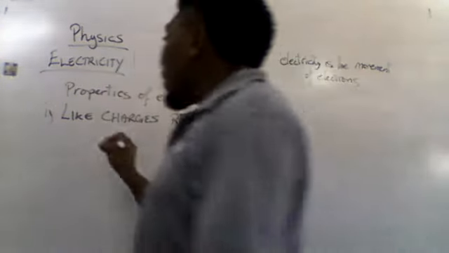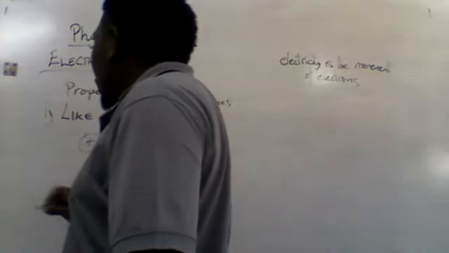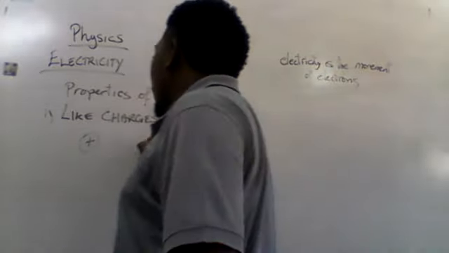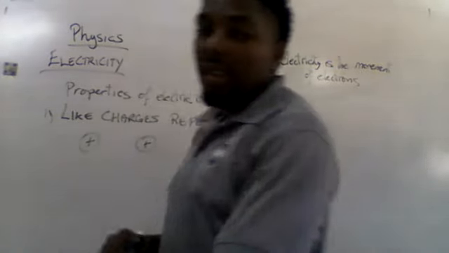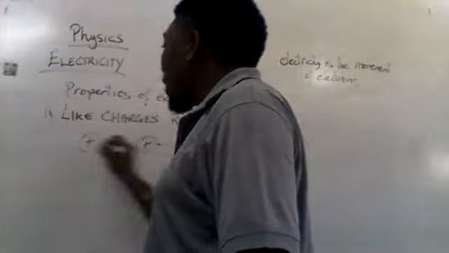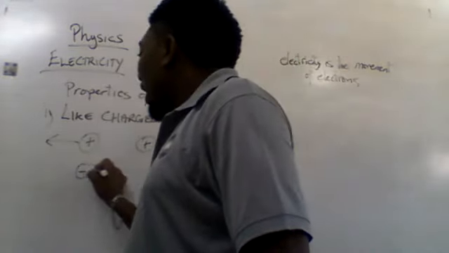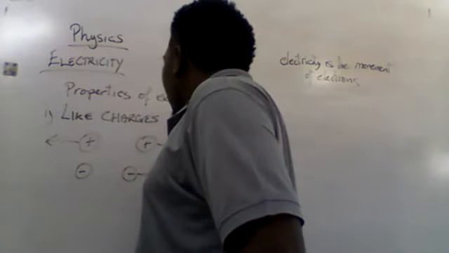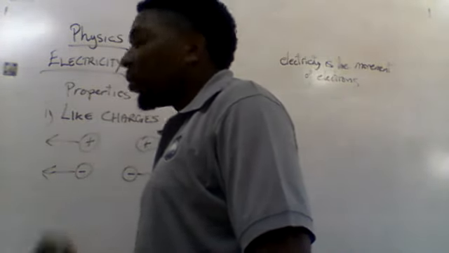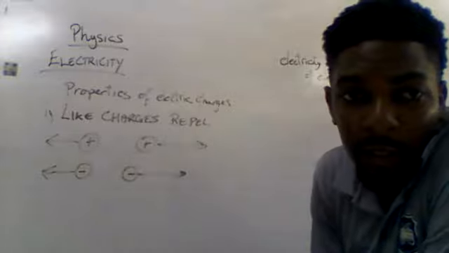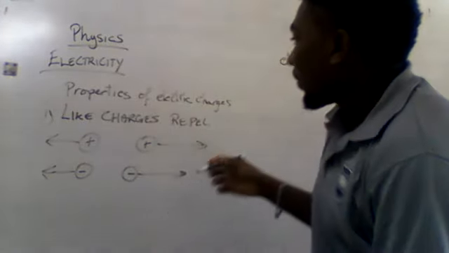Right? So it means a positive charge, meaning a proton, is going to repel another proton. They're going to push each other away. Same thing with an electron. A negative charge, they're going to repel each other. Good?